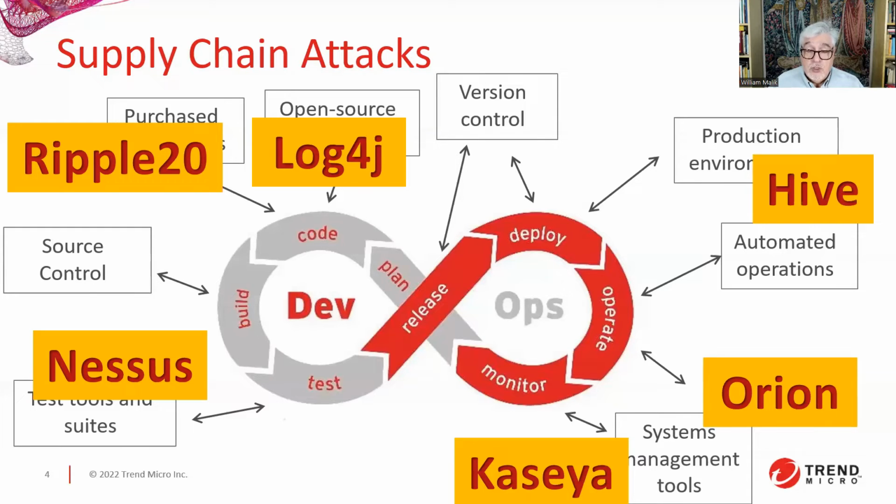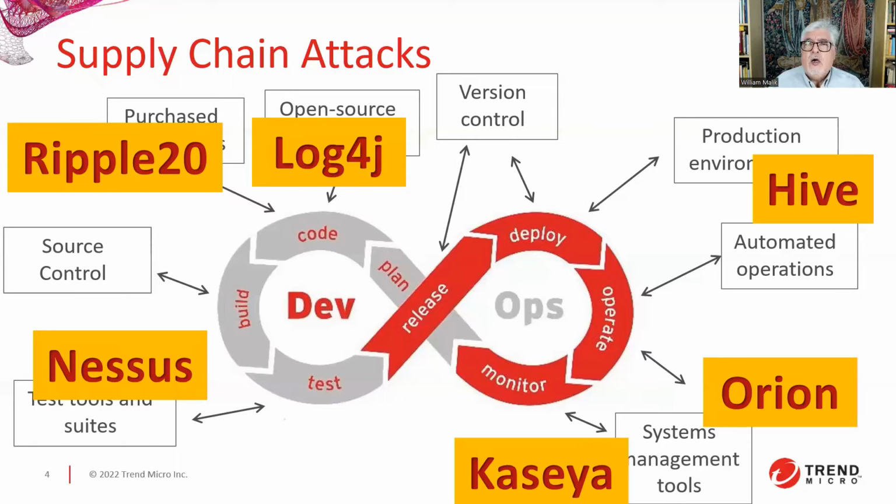Nessus is a network security tool, which can be used as an attack vector. Ripple20 refers to a set of vulnerabilities in some TCP/IP stacks that have been around for a decade or more. And of course, Log4j is a piece of open source code that was incorporated in a lot of products. And then it turns out that it had a bug in it.